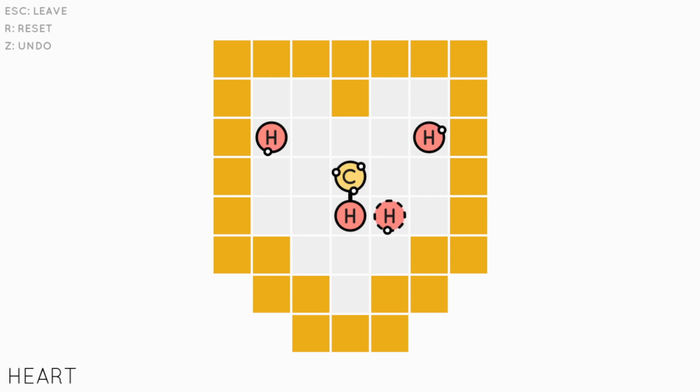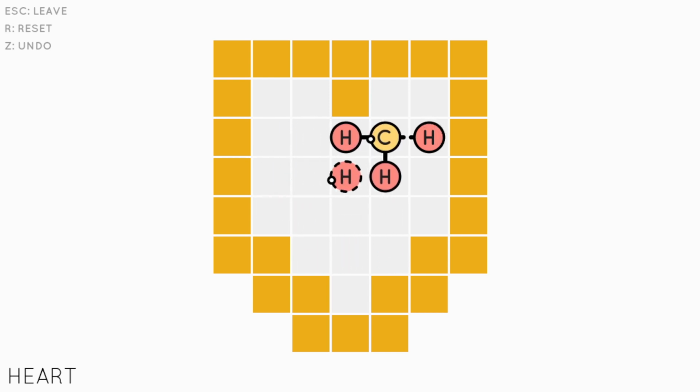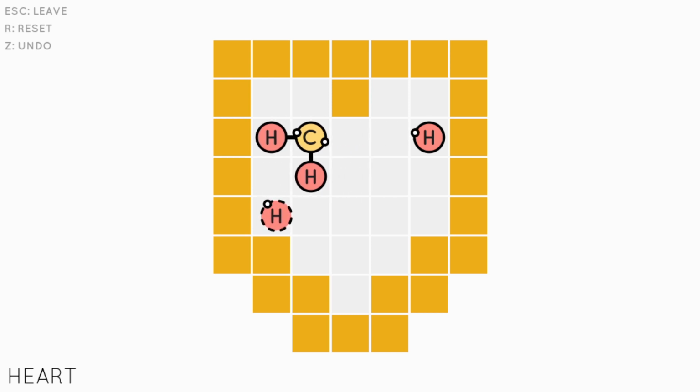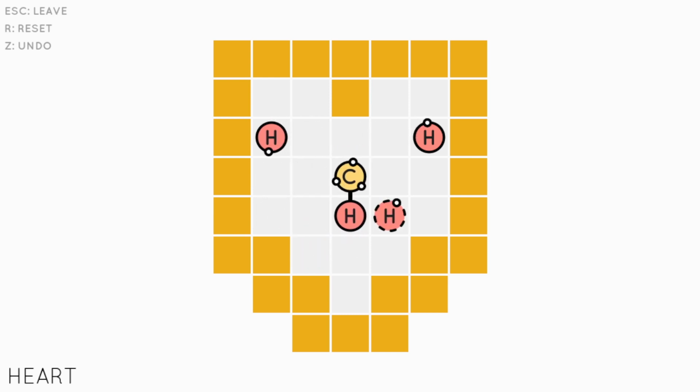Alright. If I bonded them both to the sides, I cannot get on top of it to reach the top of the carbon. So my guess is one of them has to be on the top. But being on the top of any one of them, what would that require? I don't know.